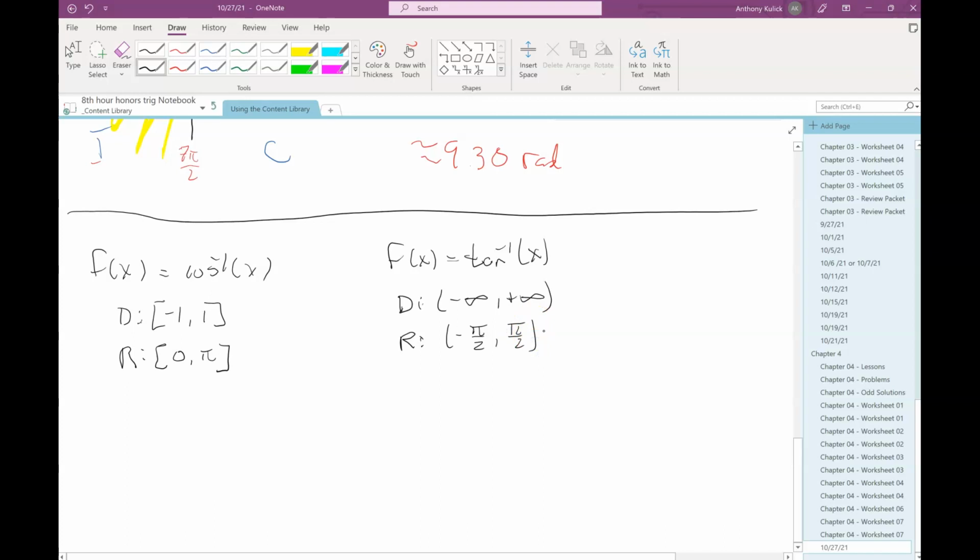Notice with tangent, both the domain and range are parentheses. Why did we have to use parentheses on tangents? Specifically for the range. For the domain, that's where the asymptotes are. Great. So there is no point that goes with negative pi over 2 or positive pi over 2, because those were where the asymptotes were.